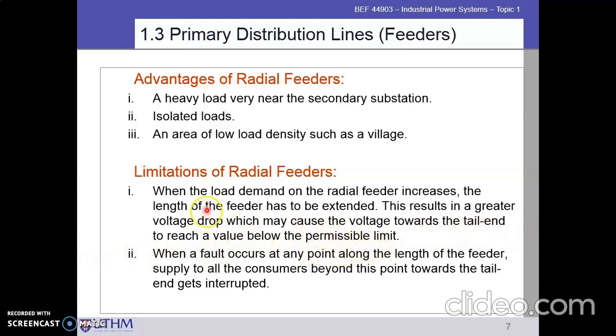So if you want to increase the load, you have to extend the length of the feeders, and when the length of the feeders is increased, the voltage drop also increases. You learned about voltage drop in utilization, chapter 4, I think. The second one is when a fault occurs at any point along the length of the feeder, supply to all consumers beyond this point towards the tail end gets interrupted.